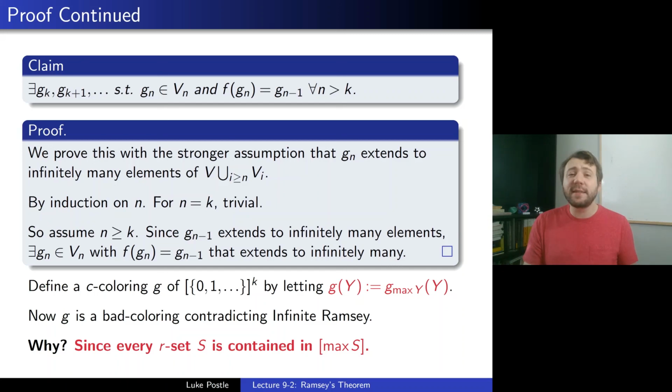And it's because of this finite nature that I alluded to before. If you had an R set S and you wanted it to be monochromatic, that's impossible, because the R set S is contained in the vertices up to its maximum. It's finite. So at some point we discovered it, and we colored it in a way that it wasn't monochromatic.